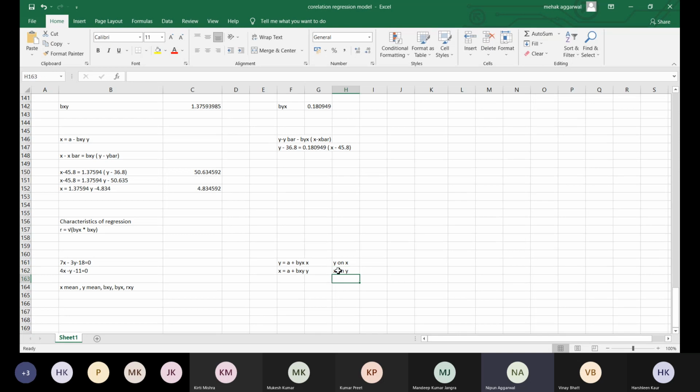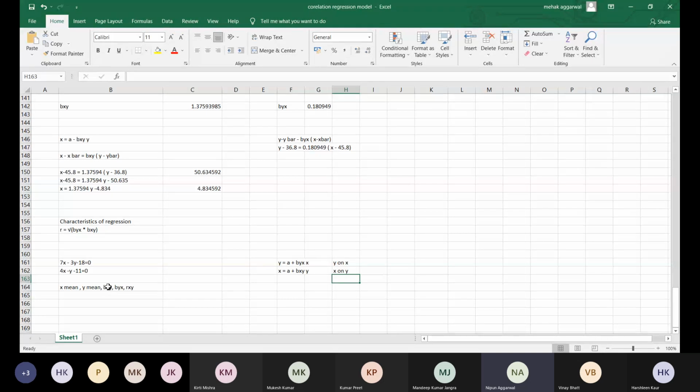Now these are the regression lines given to you. If we compare this line as y on x, the coefficient of x will be your byx. Whatever the coefficient of x is, it is the value of byx. And in the line of x on y, the coefficient of y is the bxy. So you can directly calculate the value of bxy and byx.